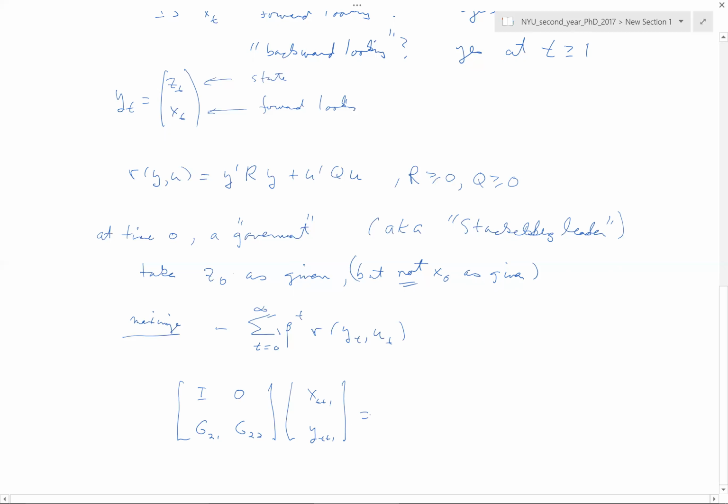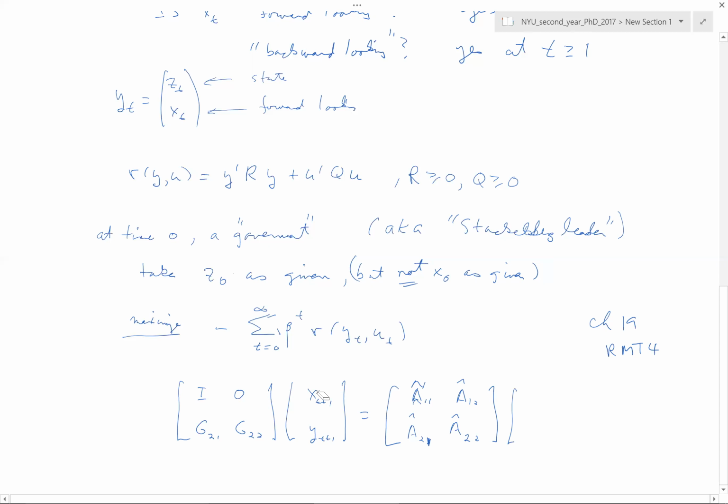Here we go. And I'm going to write this A11 hat, A12 hat, this partition, A21 hat, A22 hat. Oh, by the way, I'm talking about chapter 19 of RMT4, which you have available.